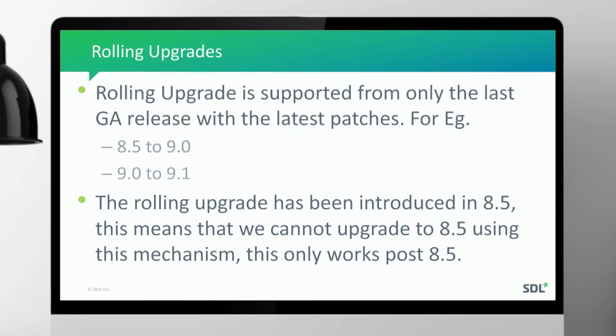And rolling upgrade has only been introduced since 8.5, which means that we cannot use rolling upgrades to upgrade 8.0 to 8.5, but we can use it to upgrade 9 from 8.5, and as I said, to 9.1 or the next release only from 9.0.